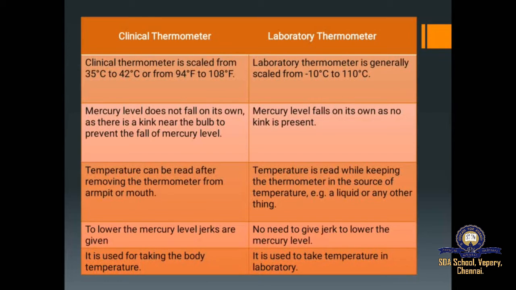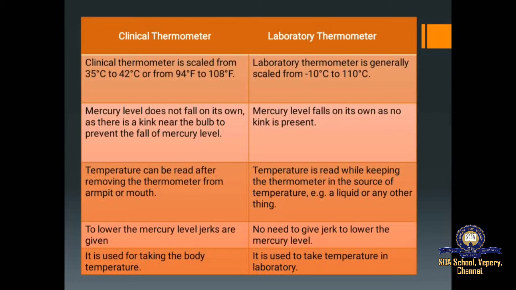Difference between clinical thermometer and laboratory thermometer. The clinical thermometer is scaled from 35 degrees Celsius to 42 degrees Celsius, or from 94 degrees Fahrenheit to 108 degrees Fahrenheit, whereas the laboratory thermometer only has the Celsius scale. It is scaled from minus 10 degrees Celsius to 110 degrees Celsius.